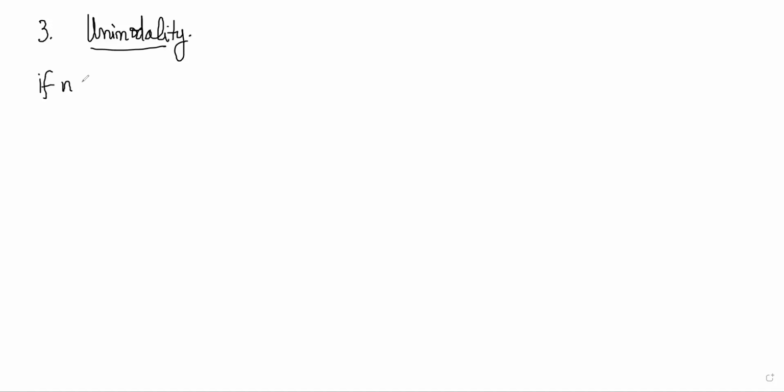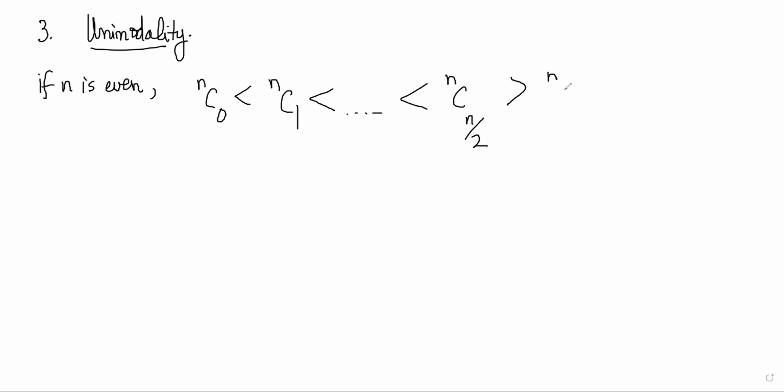So if n is even, this is the set of inequalities that we have. nC0 is less than nC1, less than, and so on, till less than nC(n/2), which is greater than nC(n/2 plus 1), and so on till nC(n minus 1) greater than nCn. So basically this term nC(n/2) becomes the largest term, and also it is the middle term here. This is the largest binomial coefficient if n is even.